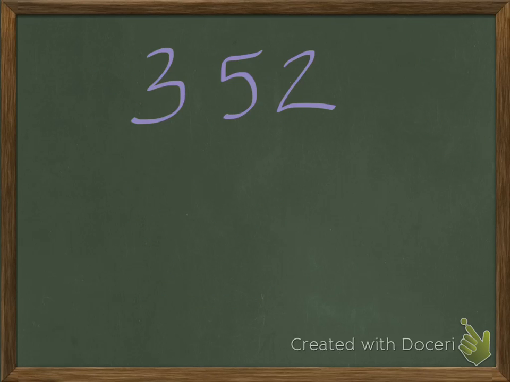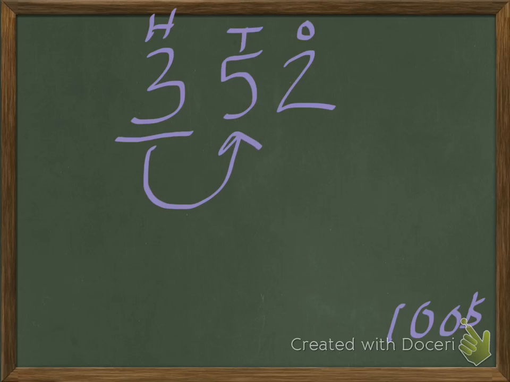Okay, if we want to look at the same number, 352, and this time round it to the hundreds place, you do the same thing. One tiny hamster, hamster being the hundreds, you underline the place value that you want, and you put an arrow to the right. So you ask yourself, is the 5 5 and up?